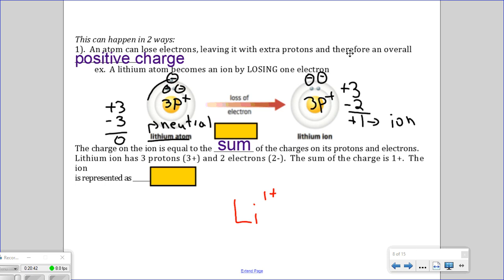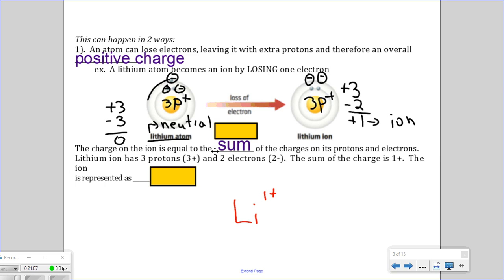It'll be lost, and we can talk about where it goes. Now orbiting that nucleus are just 2 electrons. So a lithium ion will still have its 3 protons with a positive charge, and those 2 negative electrons give it an overall charge of +1.